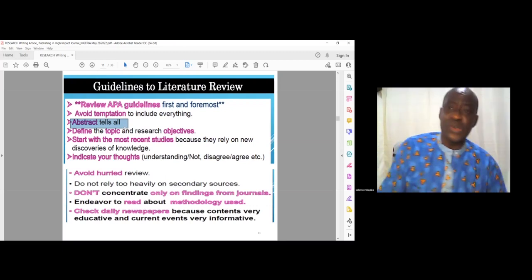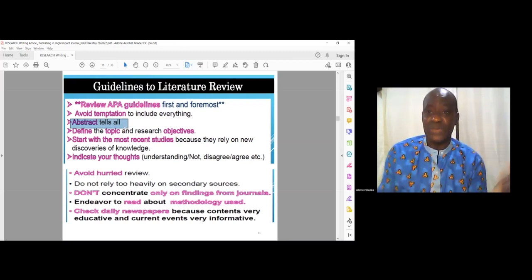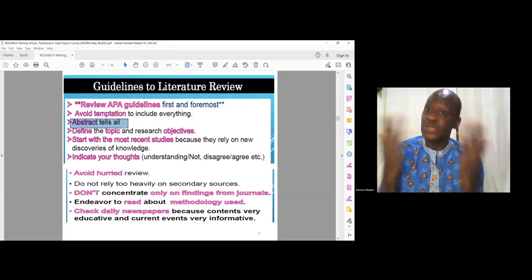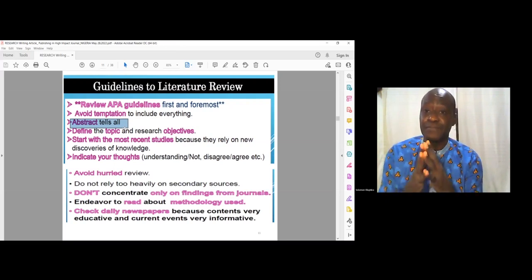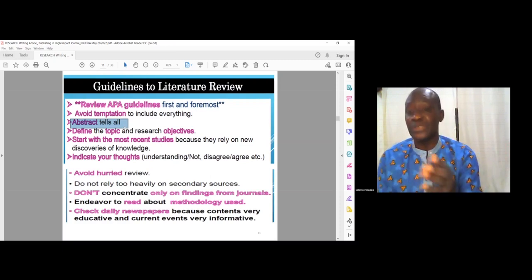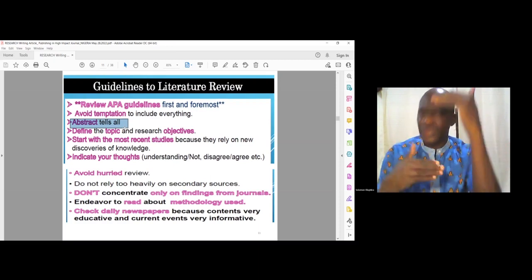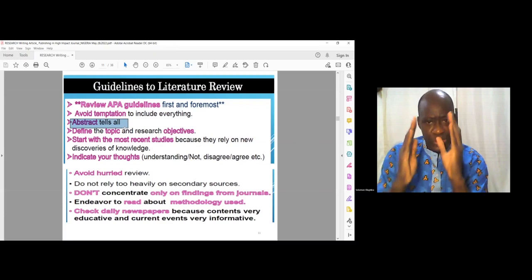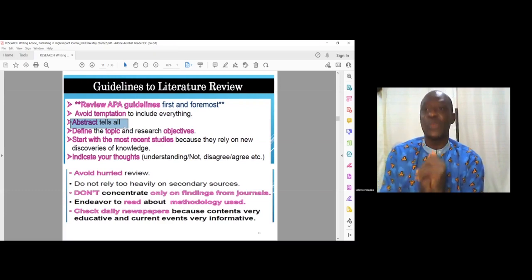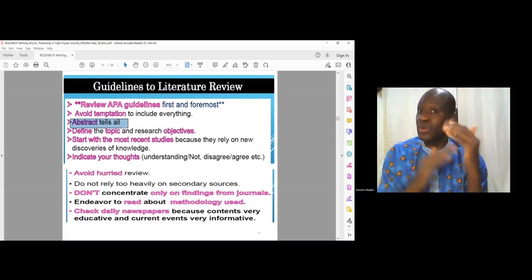The abstract is always 300 maximum or 350. I've not seen an abstract of 400, but I used to see 300, 100, something like that. So just try to go through the abstract when you are starting to review.